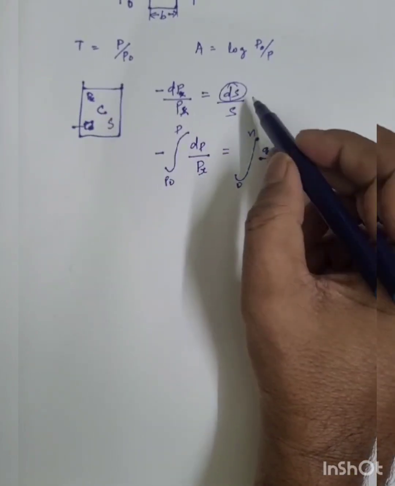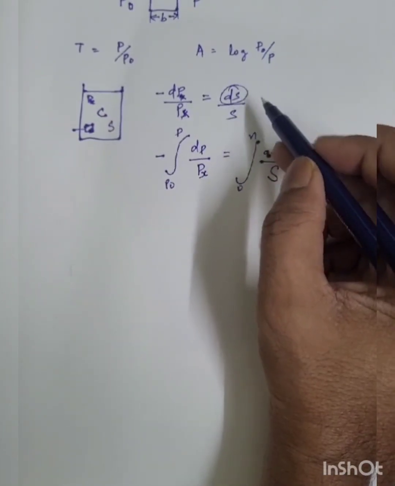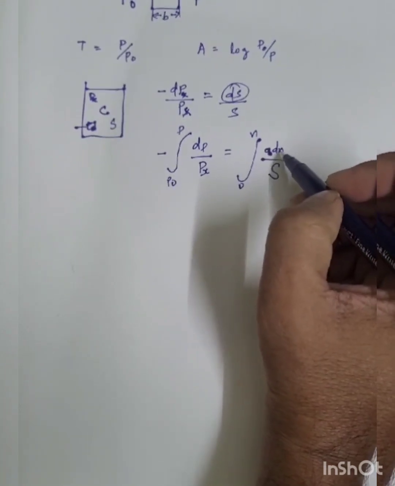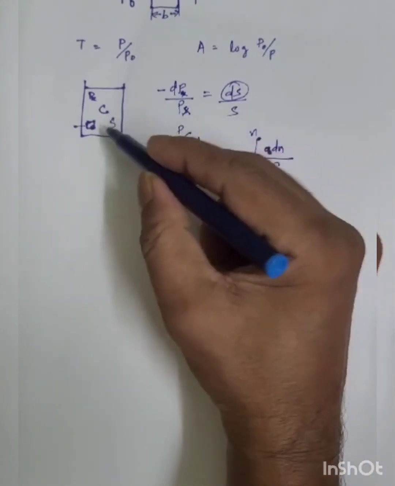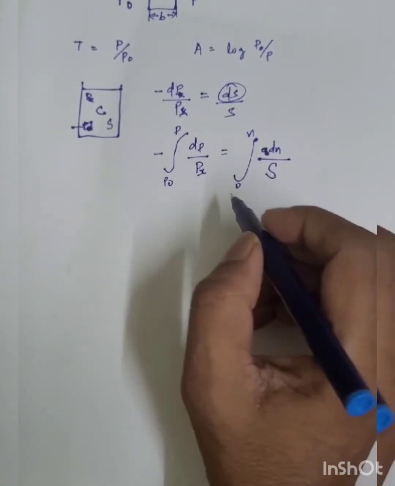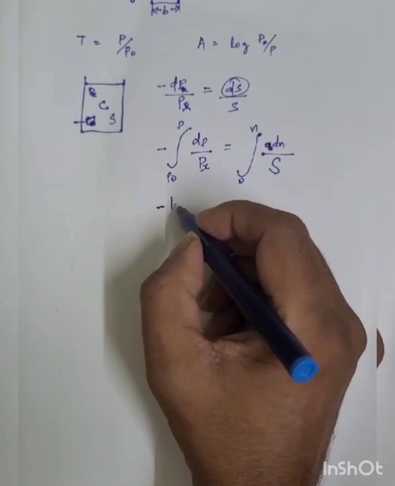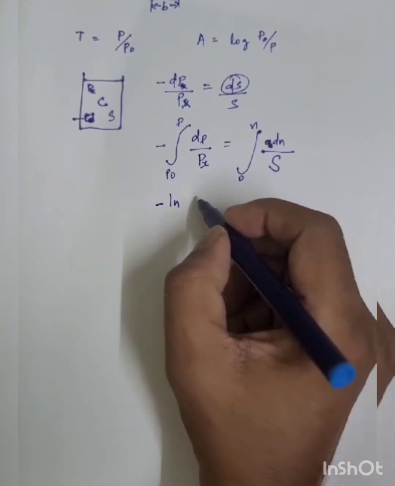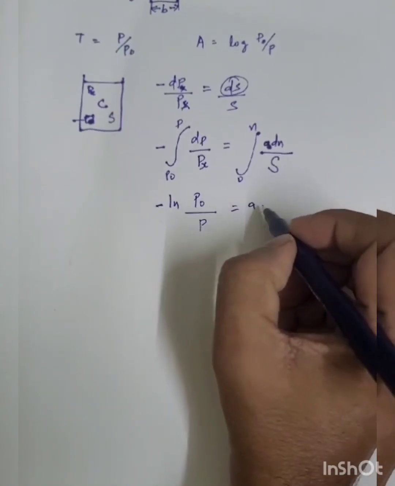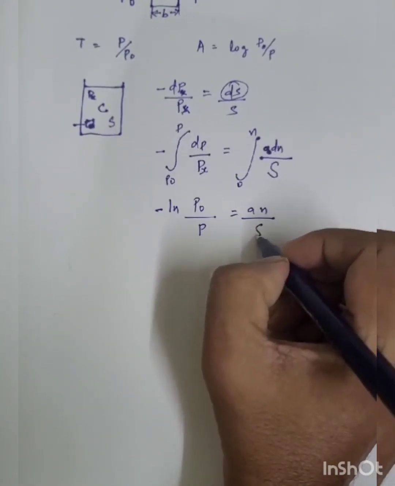Here dn is the number of absorbing species in this small area. Integrating these two, we get the natural logarithm: ln P0 by P is equal to a n by S.